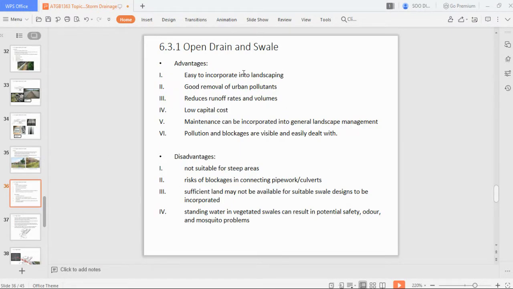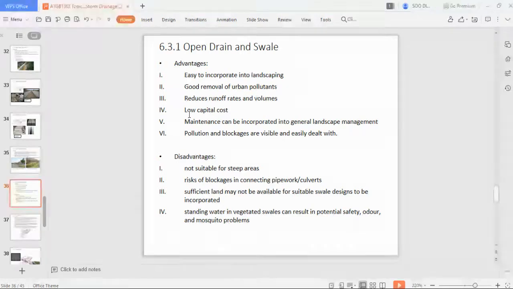So there are advantages and disadvantages to this. It's easy to incorporate into the landscaping because it's made of vegetation. It looks good, and you can remove urban pollutants. Because there's a lot of grass, any rubbish will be trapped in the grass.